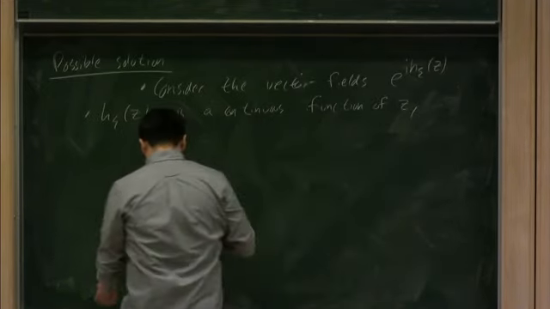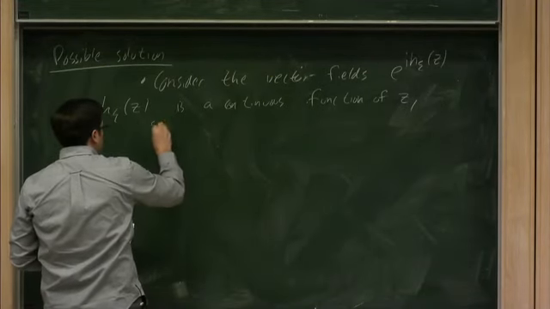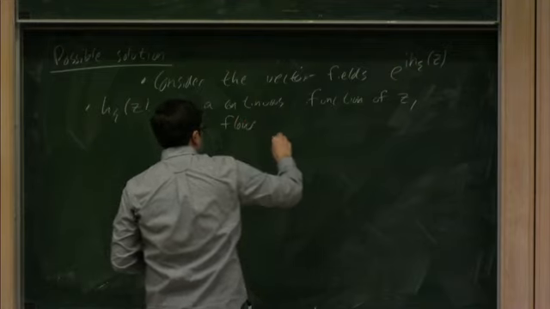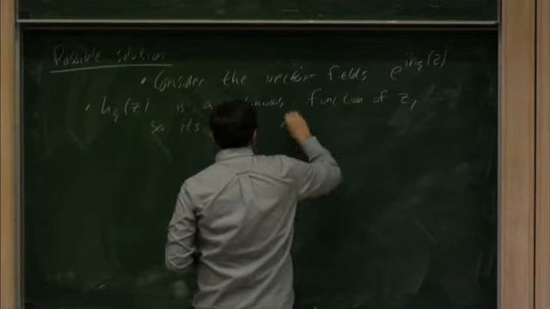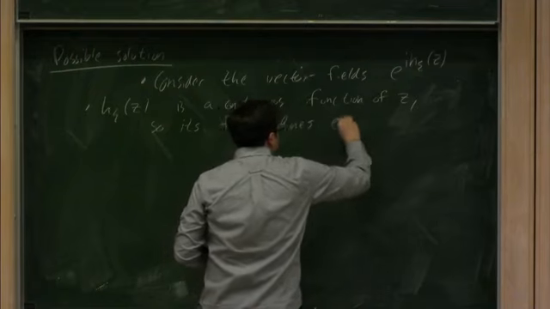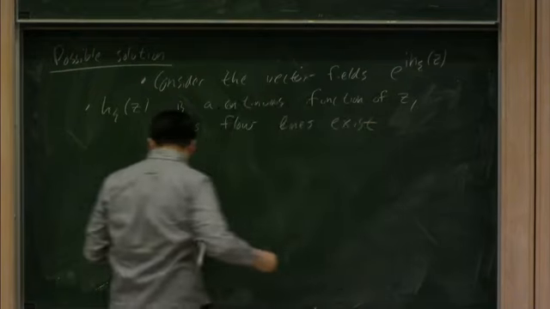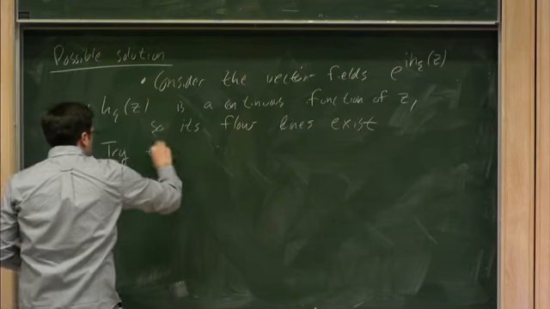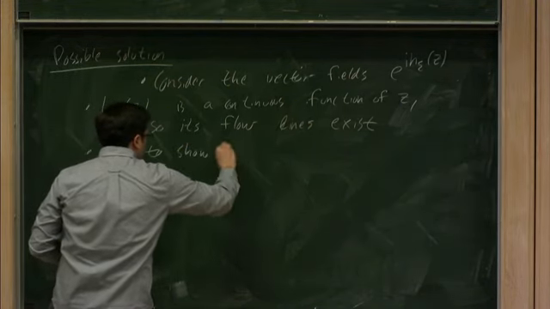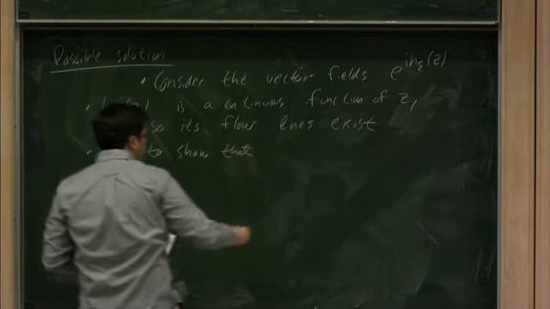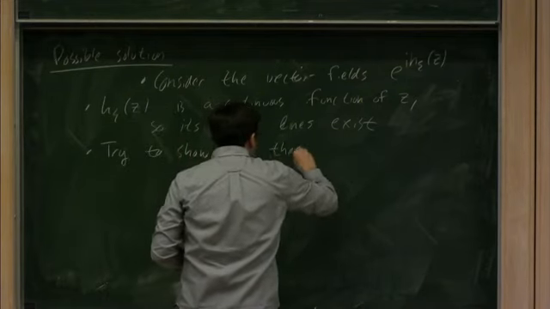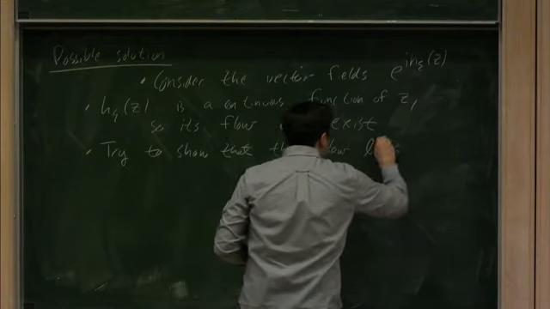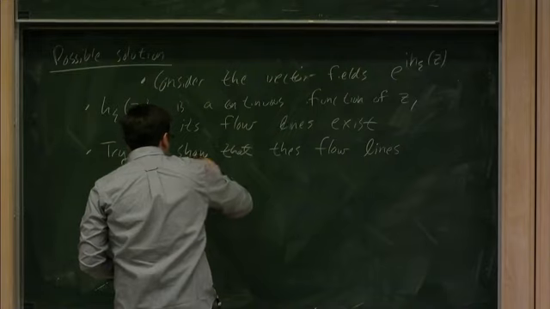So its flow lines, they exist. There's no trouble making sense of these. And then what you'd like to do is try to show that these paths actually converge when you take a limit as epsilon goes to 0.